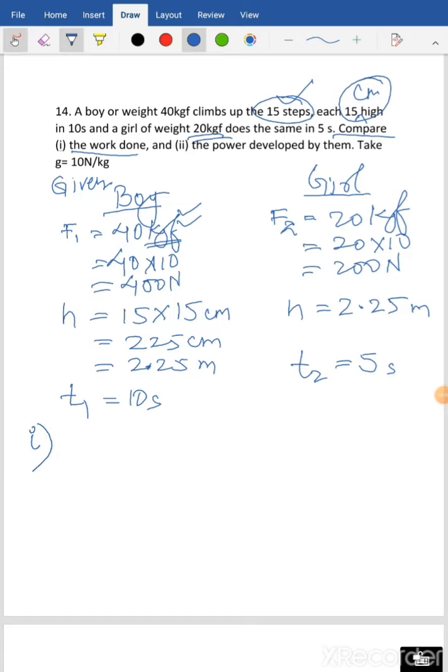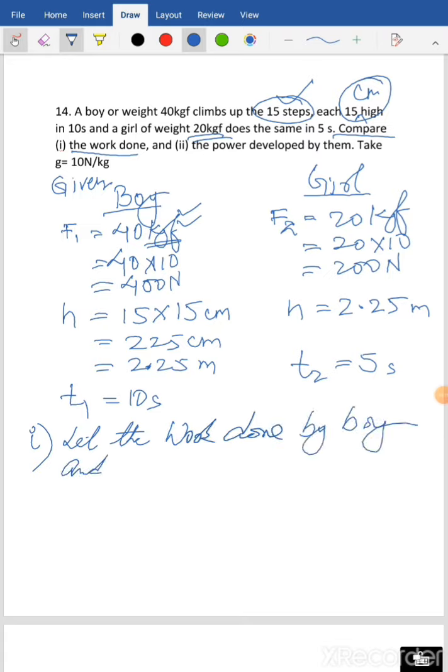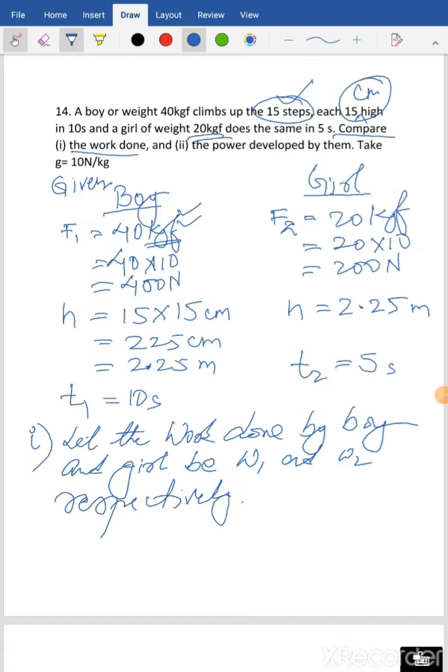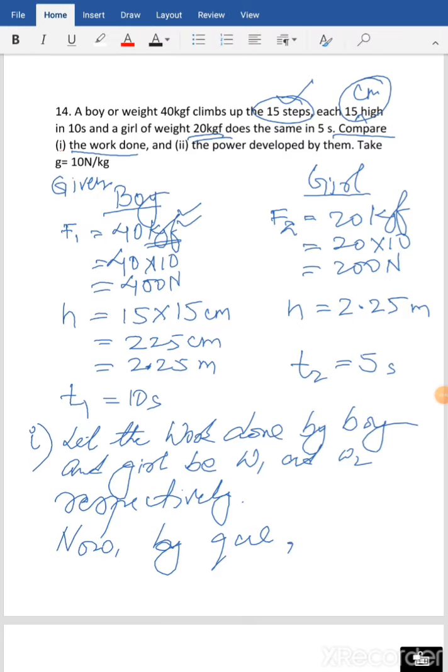First of all we'll assume the work done. Let the work done by boy and girl be W1 and W2 respectively. All right, clear? By the question, we are to compare it, isn't it? Let me have some space here.